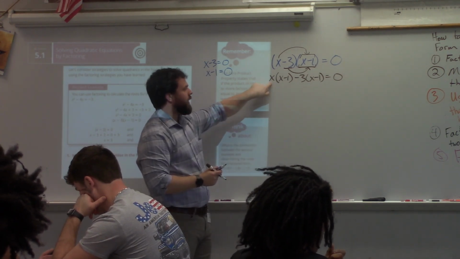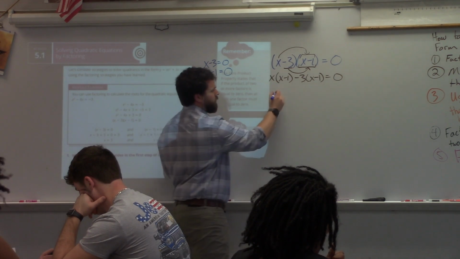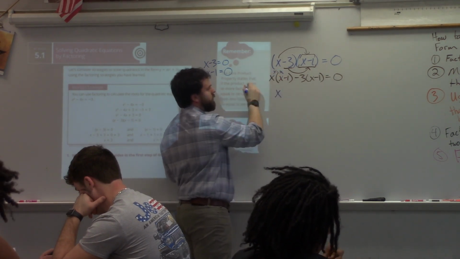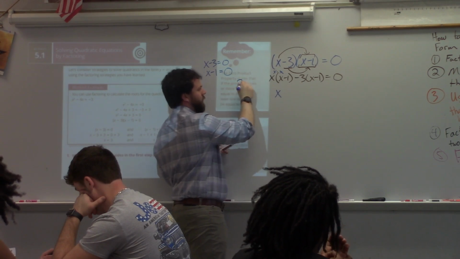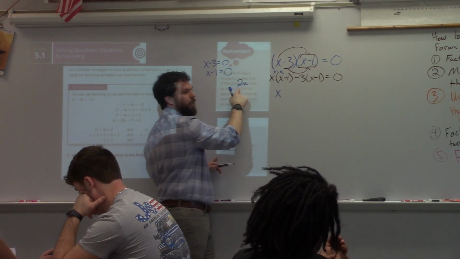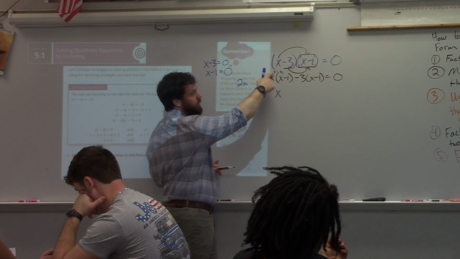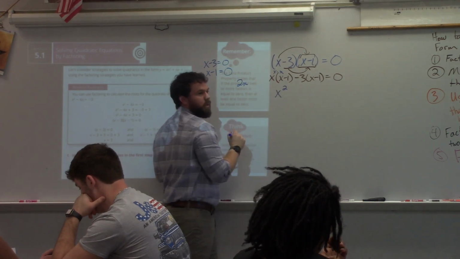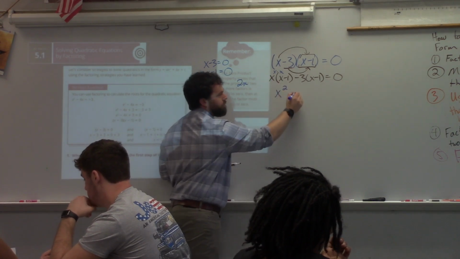Now I can do x times x, which is, remember that's multiplying. X squared. Okay. Remember, multiplication is repeated addition. I'm repeatedly multiplying, so I need an exponent, x squared. X times negative 1.